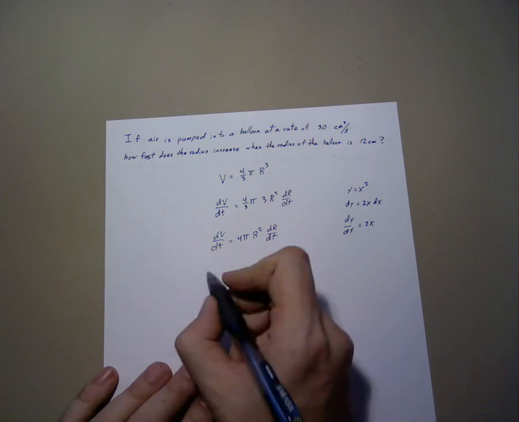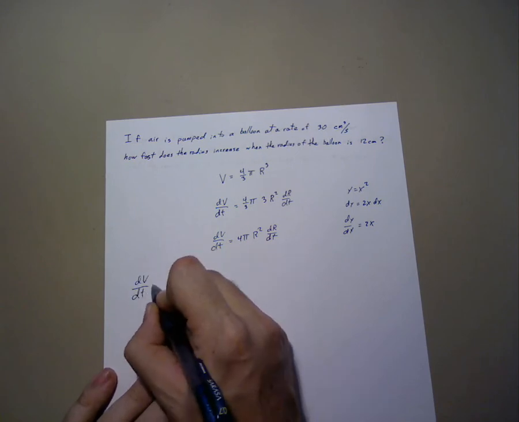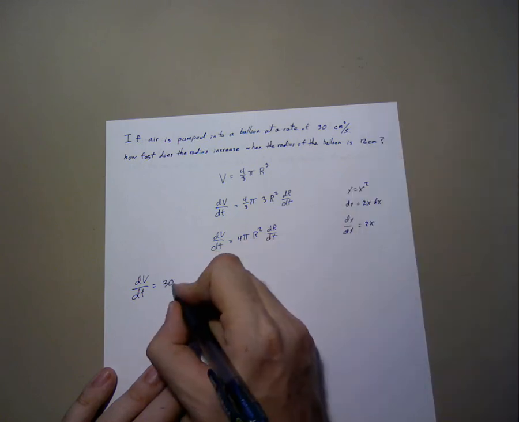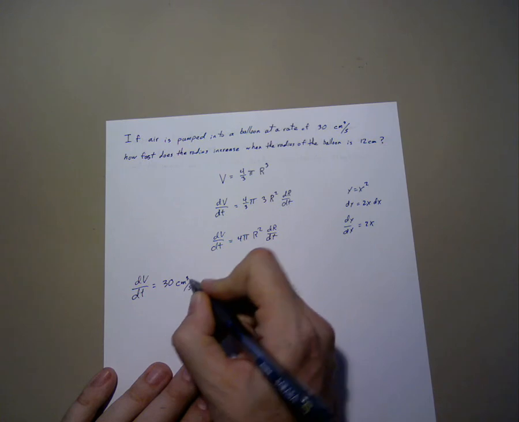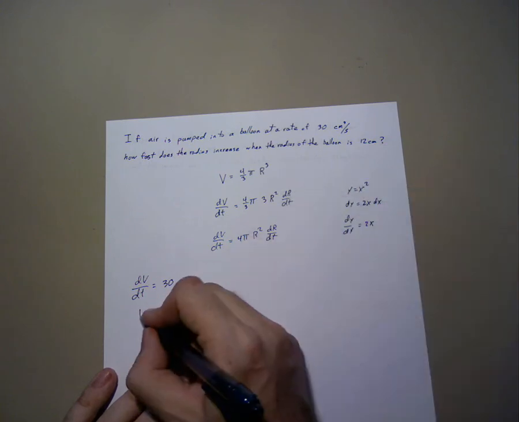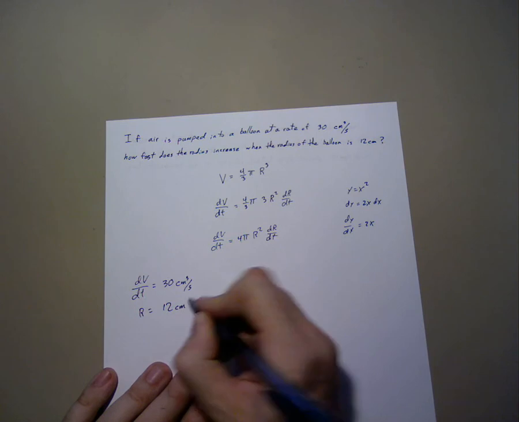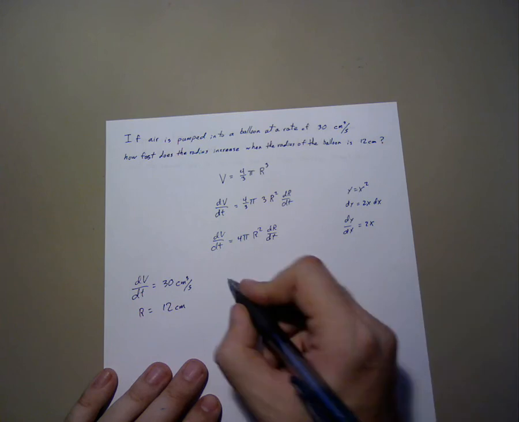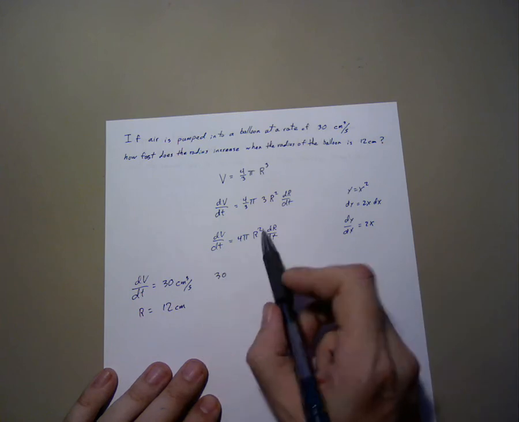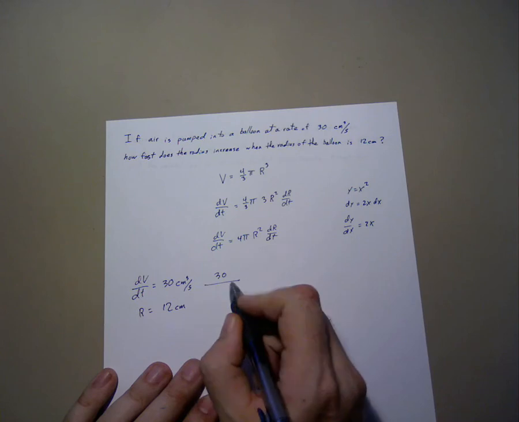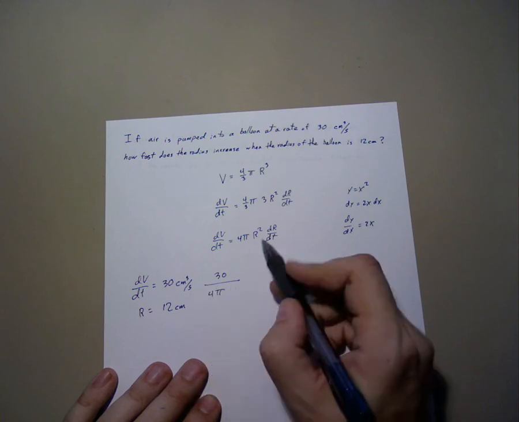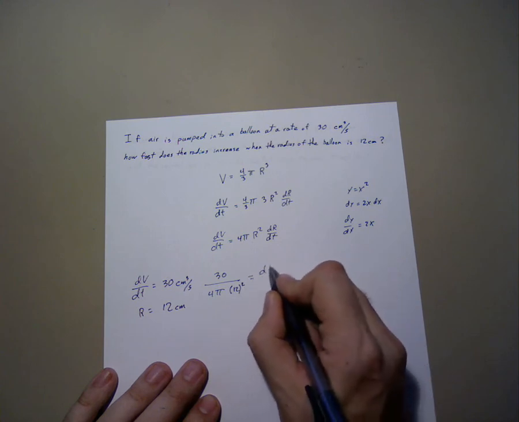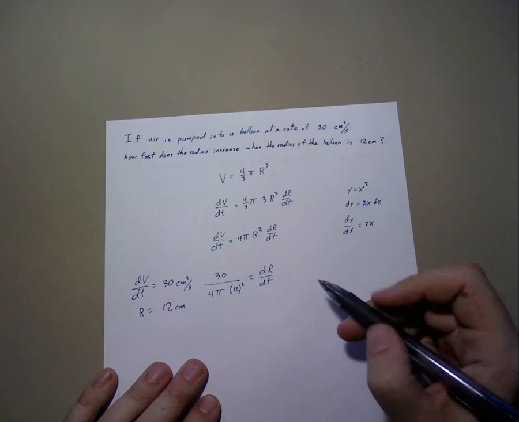We know that dV/dt is 30 cubic centimeters per second, and that the radius is currently 12 centimeters. If we plug those numbers in, we get 30, divided over the 4 pi r squared, which is 4 pi times 12 squared, equals dr/dt.